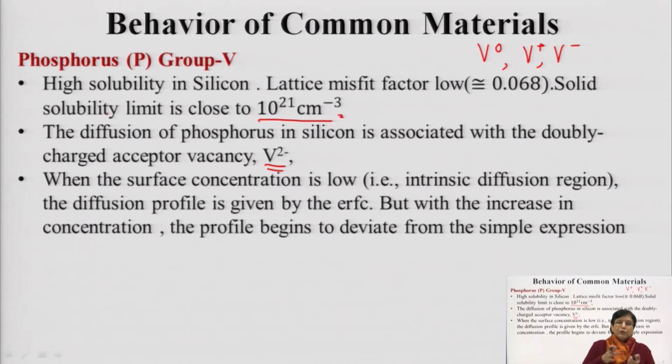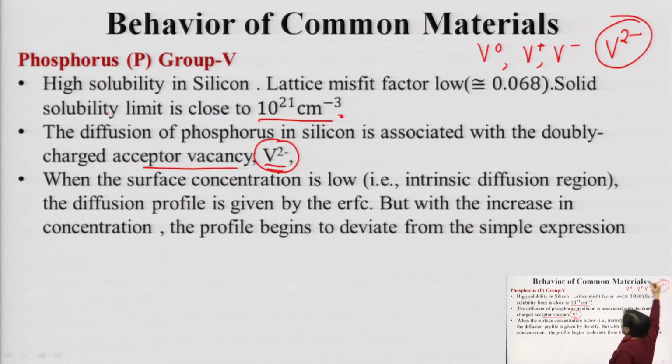will change, or the profile we get after diffusion will alter, and that is what is happening in case of phosphorus. My diffusion species are basically acceptor vacancies, and these vacancies are doubly charged, that is, you have a 2 minus charge available on the vacant sites.